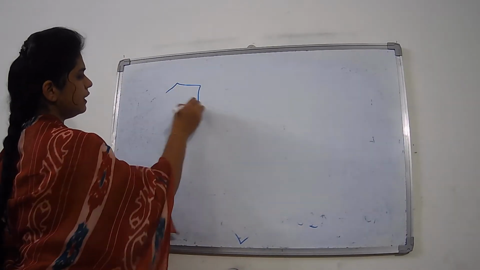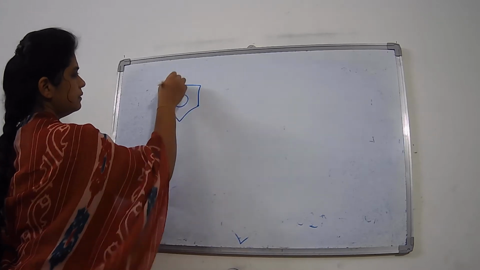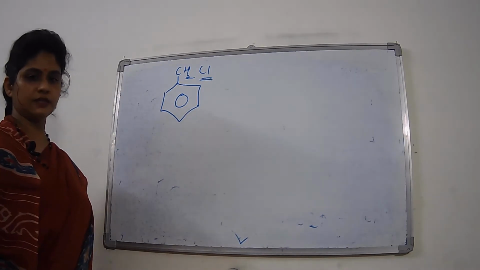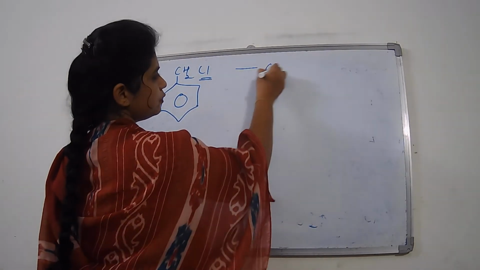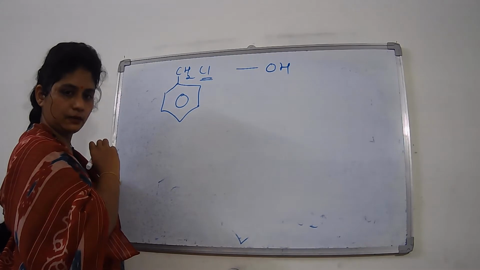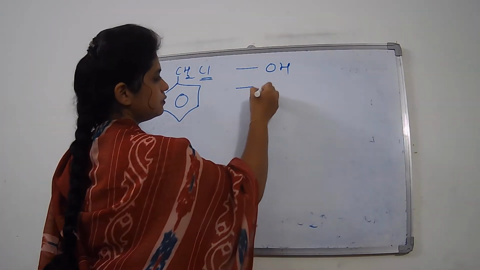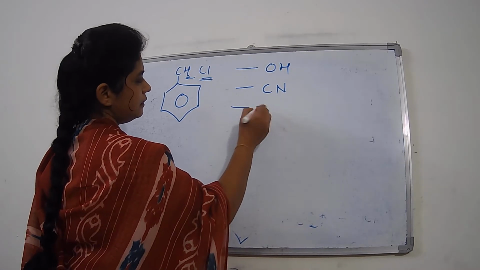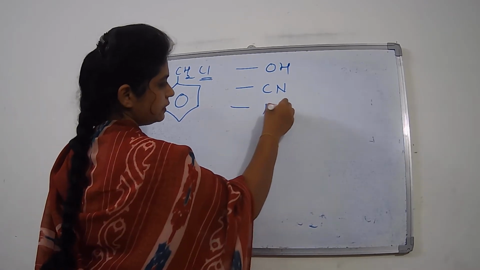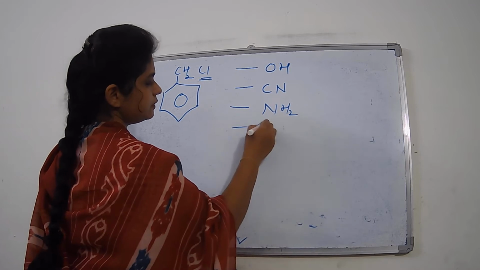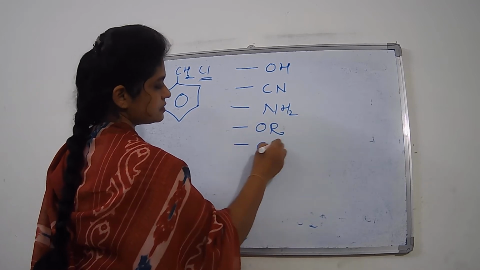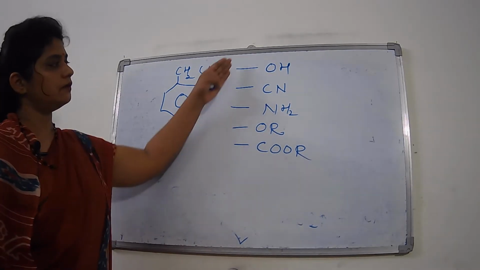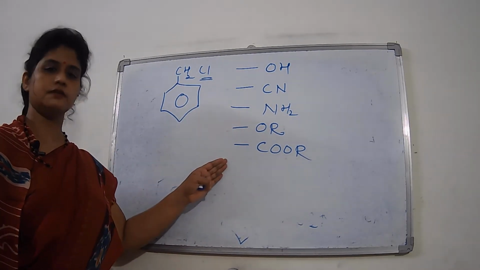We are going to substitute this Cl from the side chain by different groups. First with a hydroxyl group, then with a cyanide group, then with an NH2 group, then with an OR group, and then by COOR, that means an ester group. We are going to carry out all these substitutions one by one.